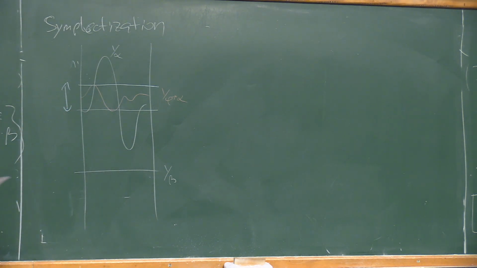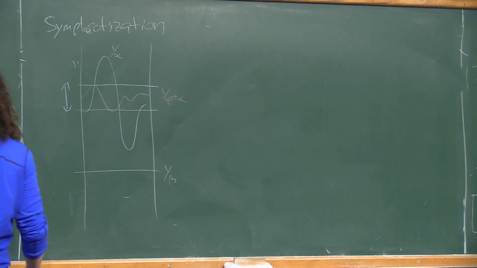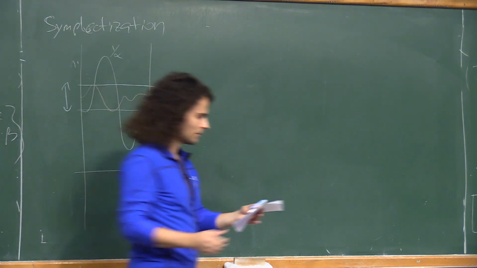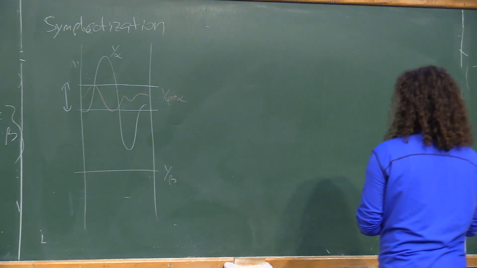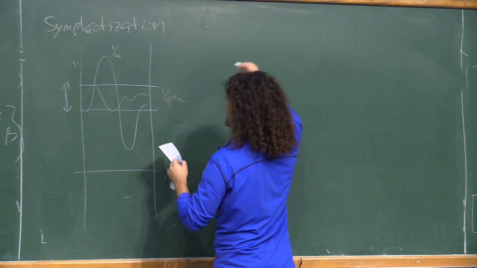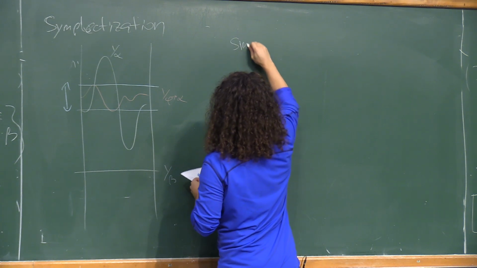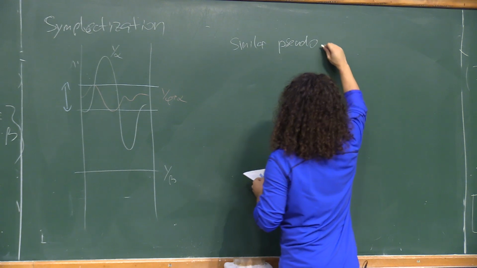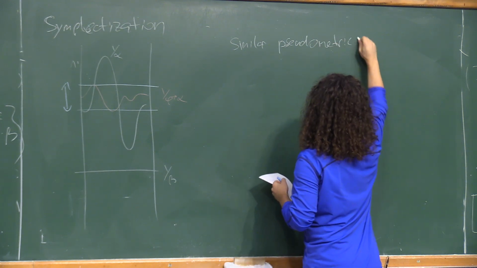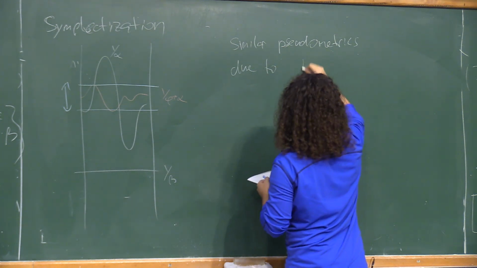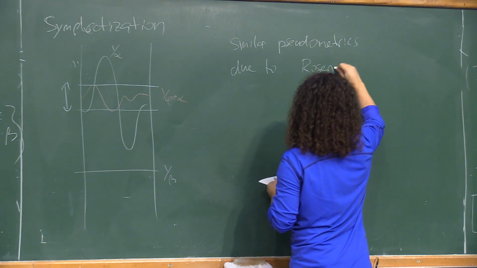So that's this quantity. Versions of this kind of pseudometric have been introduced in the last couple of years. There are similar pseudo metrics, maybe not quite the same but very similar, due to the work of Rose and Zhang.